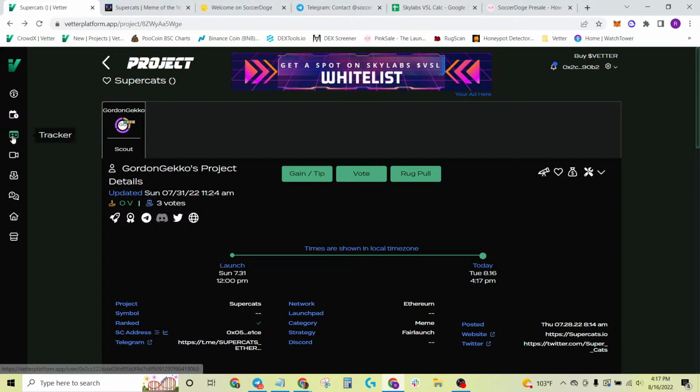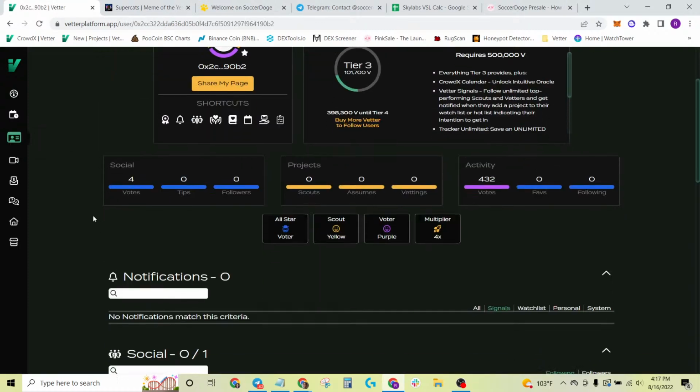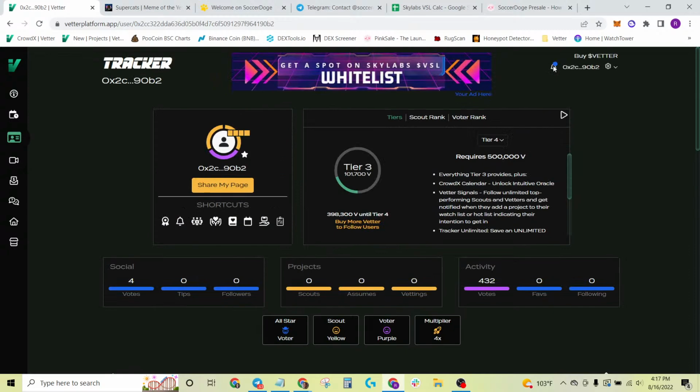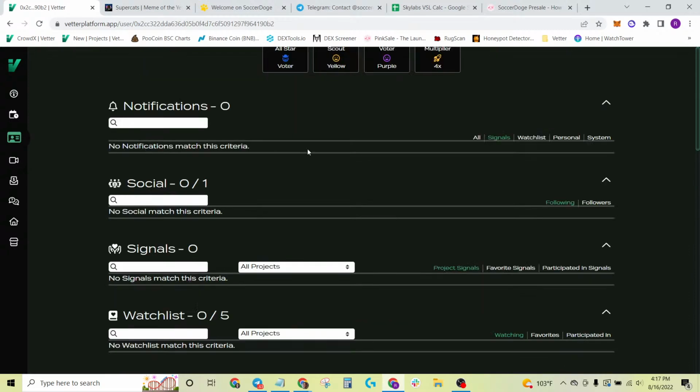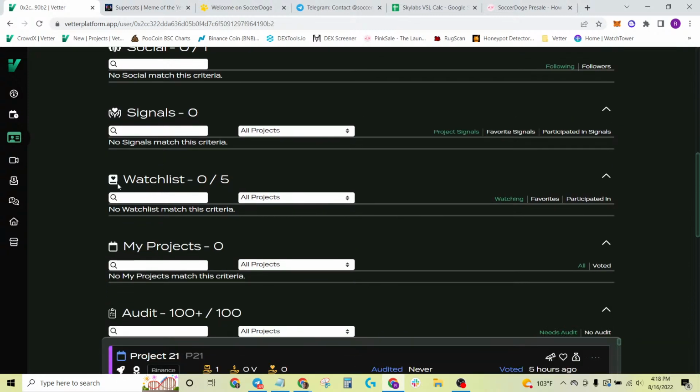Then in your own tracker area, and also notifications up at the top, you would get notifications right here. So for example, if Gordon Gecko added something to his watch list, favorited a project, scouted a project, or vetted a project, you're going to receive notifications in here for any of those things. And that's how you keep up to date and stay on track with information that's coming across, if that makes sense.